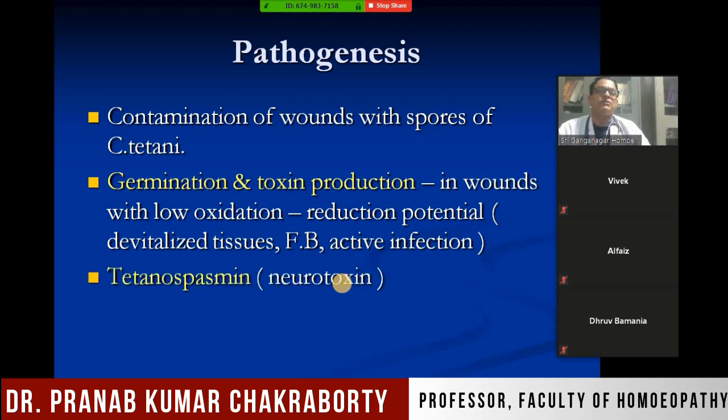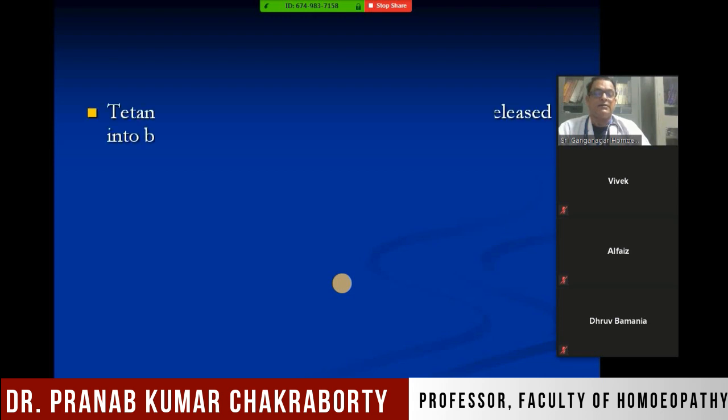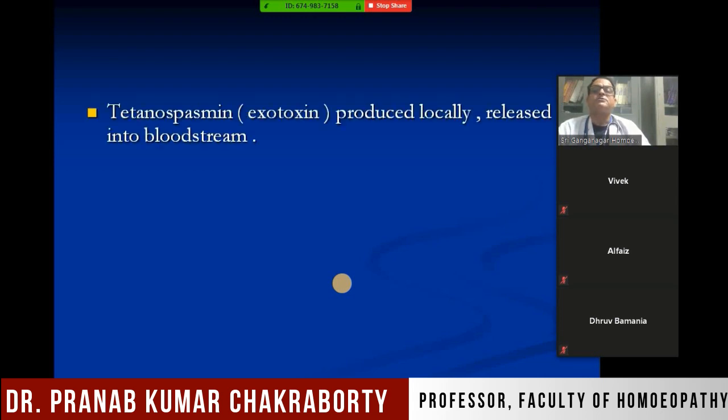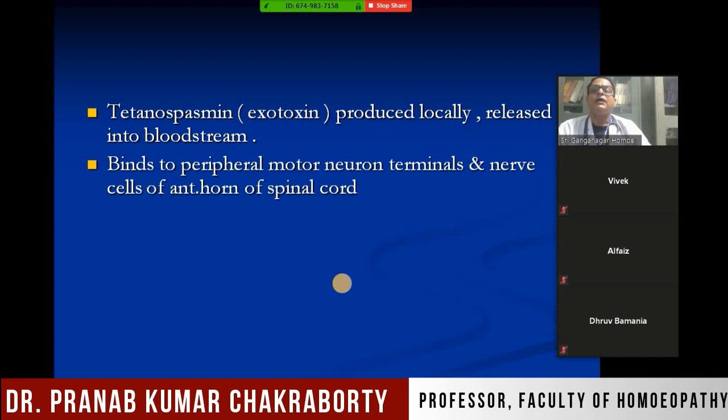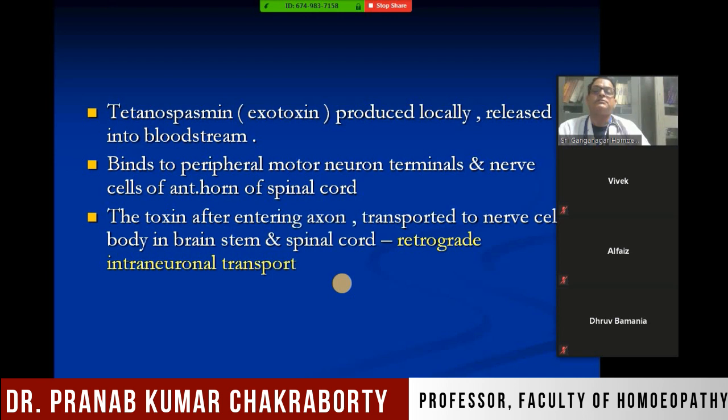When tissues die, on devitalized tissue the neurotoxin tetanospasmin is produced. Tetanolysin, a hemolysin, is another toxin which is produced. Tetanospasmin is produced locally and is released into the bloodstream, reaching peripheral motor neuron terminals and nerve cells of the anterior horn of the spinal cord. Through that it is transmitted to the synapses of motor nerves.